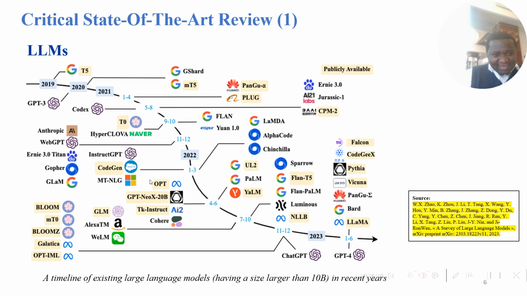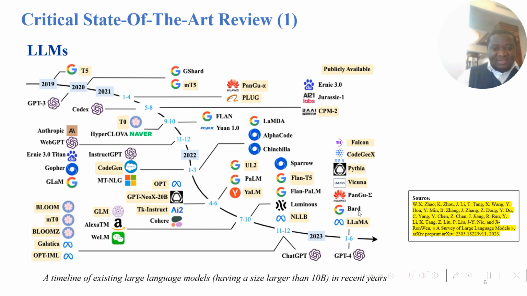I can see Yuan. I'm not sure if this is from China or from South Korea, probably. I'm not sure. But now we are here in 2023, and among the most known LLM models, we have BARD from Google. We've got ChatGPT and GPT-4, and a lot of them.